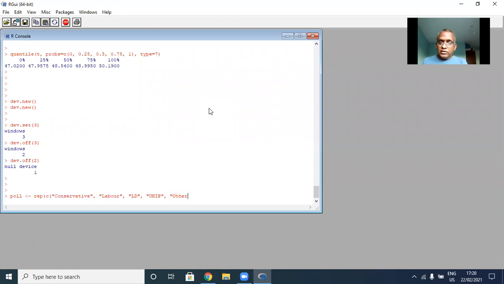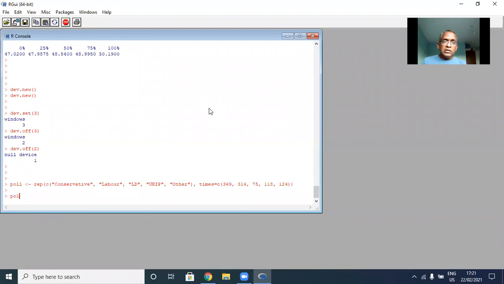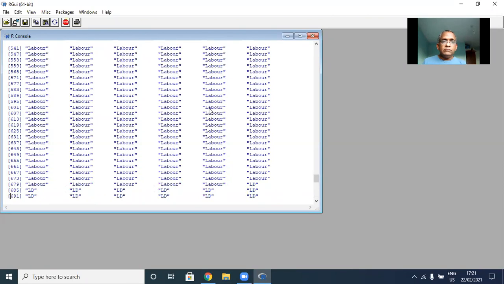So these are the 5 party names. And I'm going to repeat each of these. I'm going to repeat Conservative 369 times, Labor 314 times, Liberal Democrats 75, UKIP 118, and others 124. So I just created this data set, right?